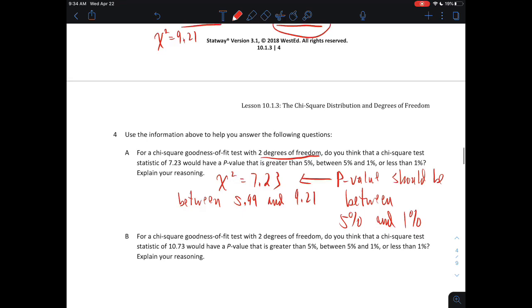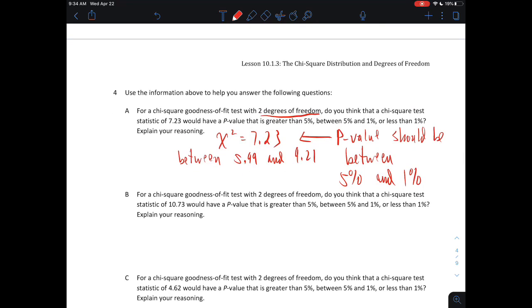So as another example, part B. For a chi-square goodness of fit test with 2 degrees of freedom, again, same degrees of freedom, do you think that a chi-square test statistic of 10.73 would have a p-value that is greater than 5%, between 5% and 1%, or less than 1%? Explain your reasoning.